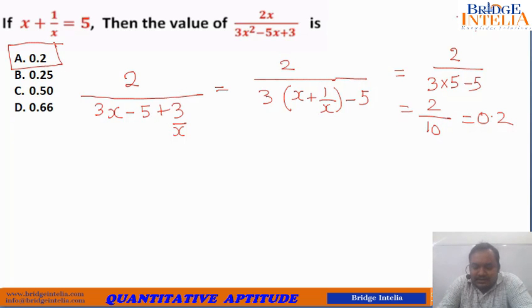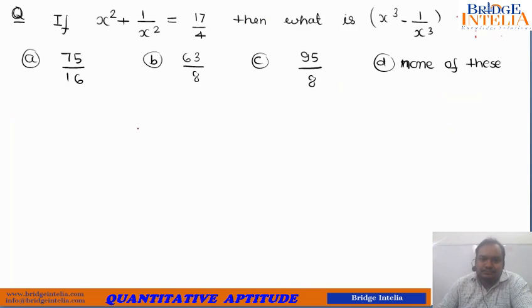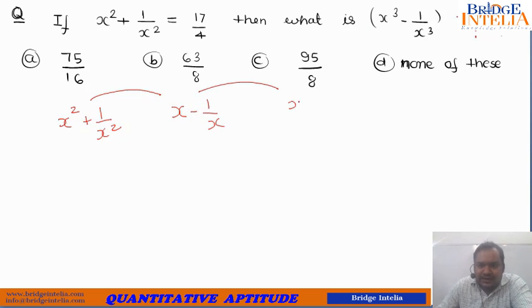Now let's move further. If x² + 1/x² is equal to 17/4, then what is the value of this? I hope you can do this. It is a two-step transition. First, with the help of x² + 1/x², we will try to find x - 1/x. Once we have done that, then we can easily find this out.